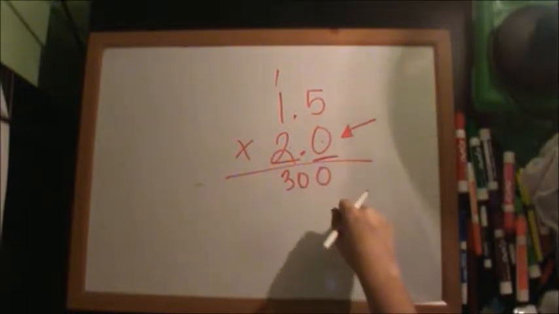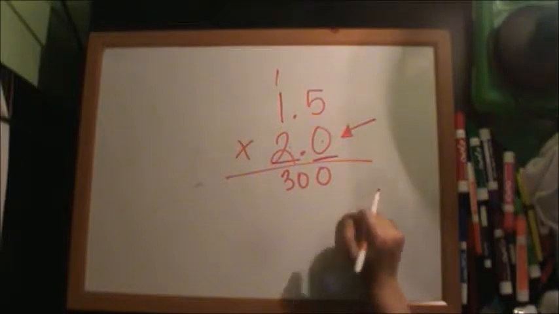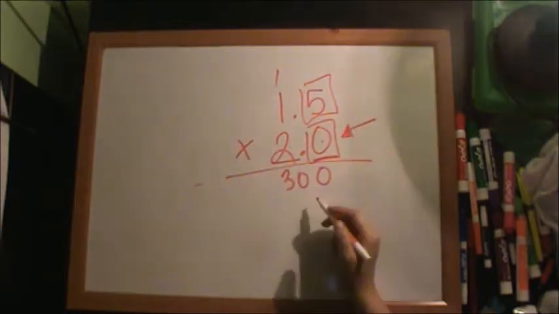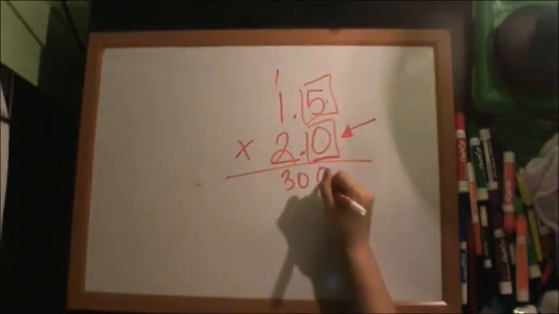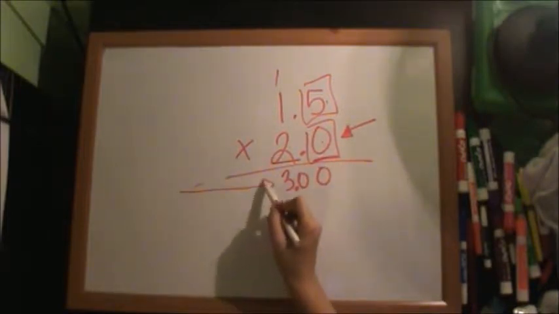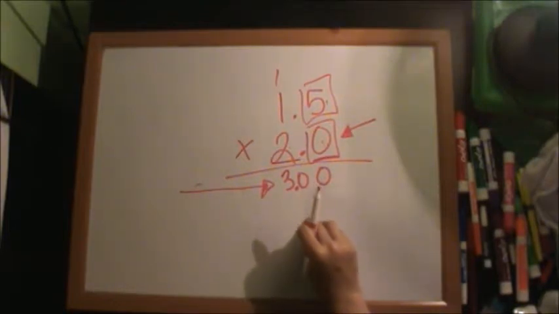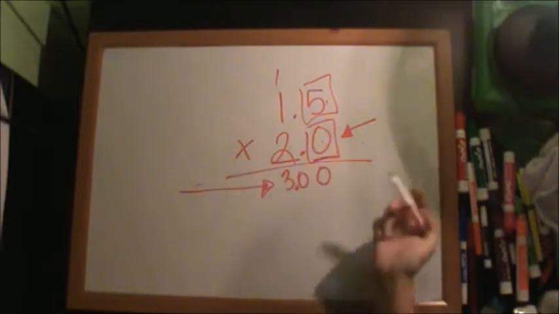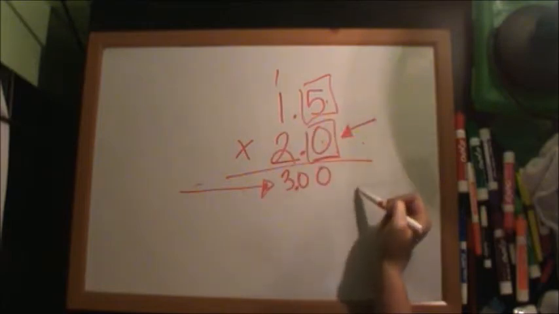Now I'm going to go back and count how many numbers I have behind the decimal point. I have 1, 2. Since I have 2 numbers behind the decimal point now, there's my decimal point. My answer is still 3. That's why it works. Standard algorithm is keeping you from adding all the zeros that you need if you were going to line up each place value.